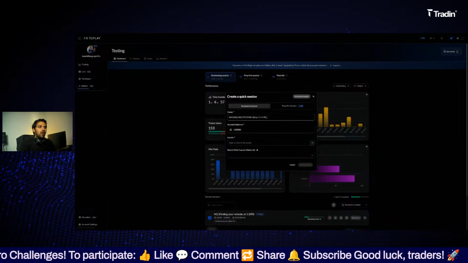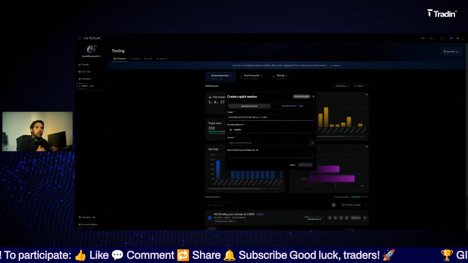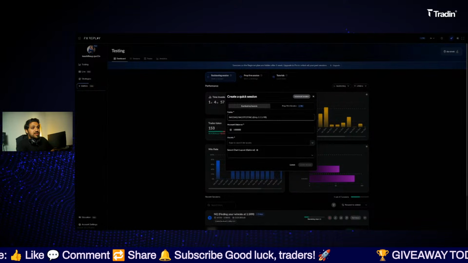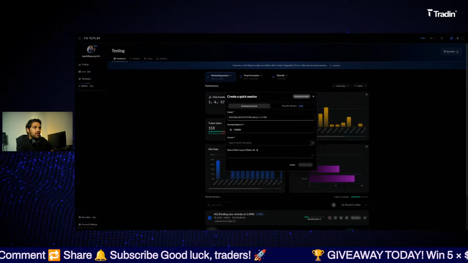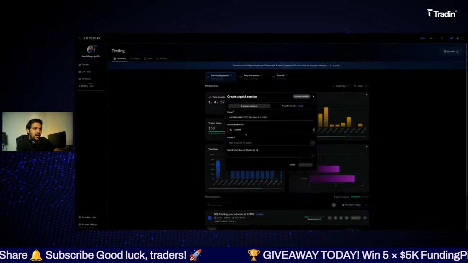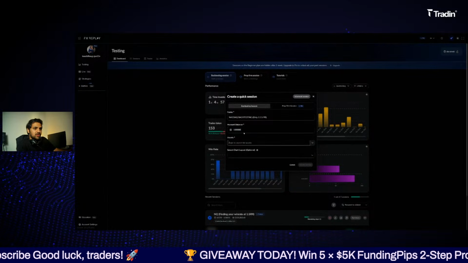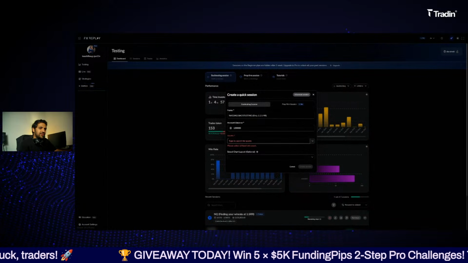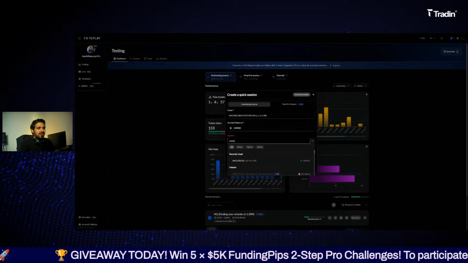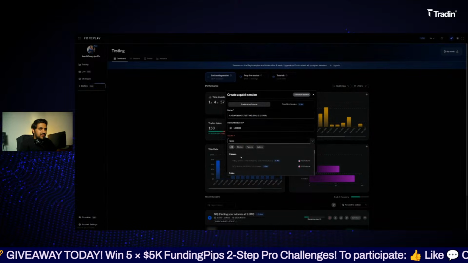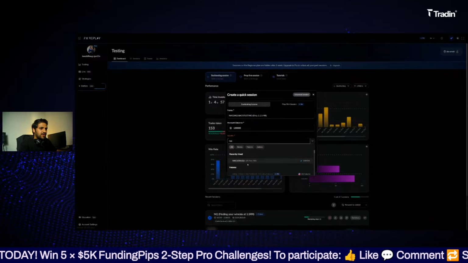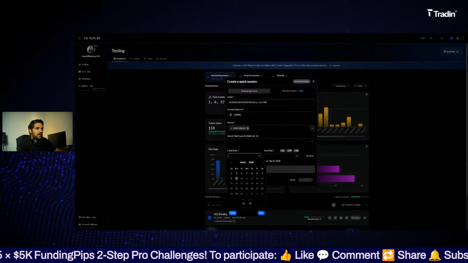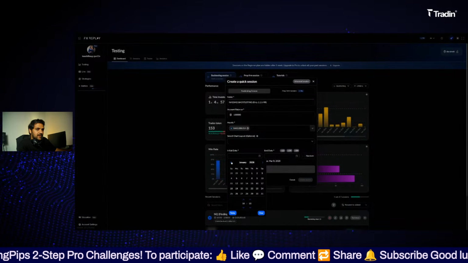Okay, only 1 to 1.5 risk to reward ratio. We will be targeting realistic scenarios over this backtesting. And I will be using a 100K FundingPips challenge on this backtesting, and we're gonna select NAS 100 on the chart. Let's go.